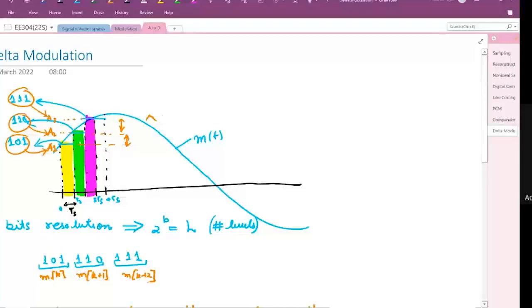If we are able to do this, then because the range to be encoded is small, with the same resolution you can have very fine levels, or you can reduce the resolution to have coarser levels. In the overall strategy of delta modulation, the number of bits needed to represent this signal will be drastically reduced.